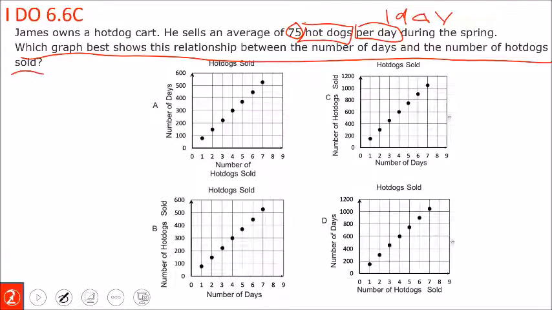So I'm looking for hot dogs per day. So let's do our graph. We've got the independent, which is the day, and we've got the dependent, which is hot dogs.